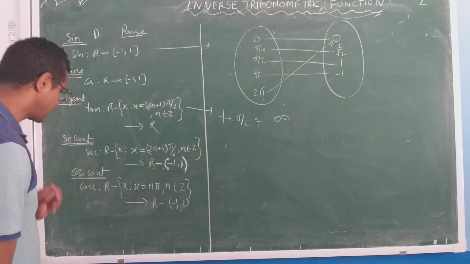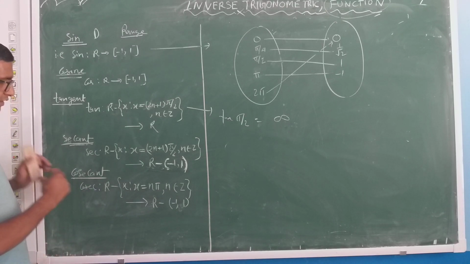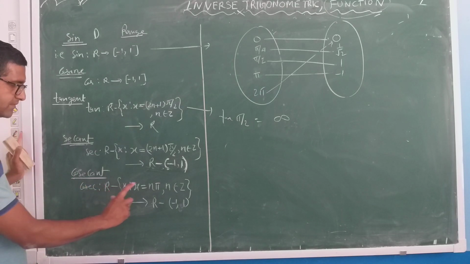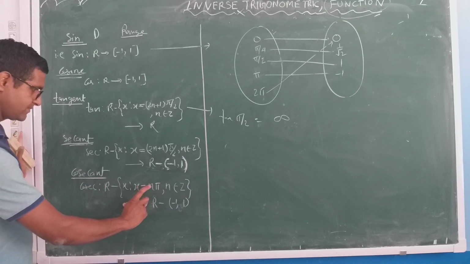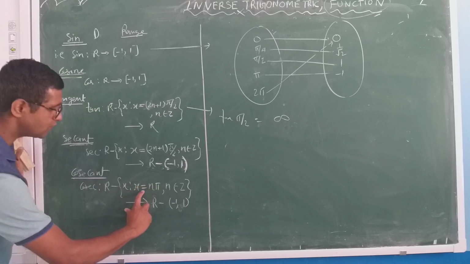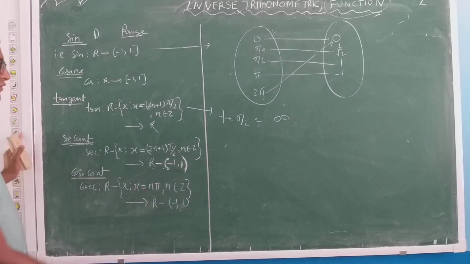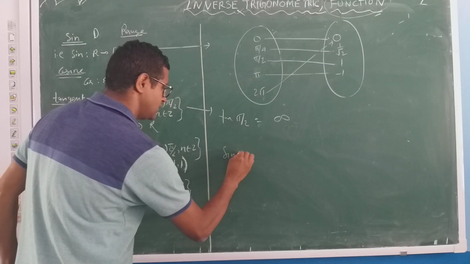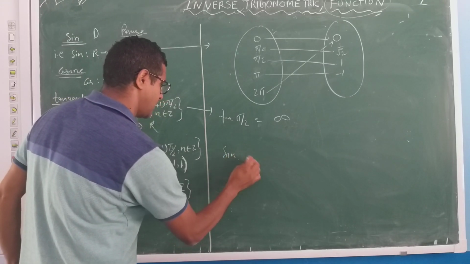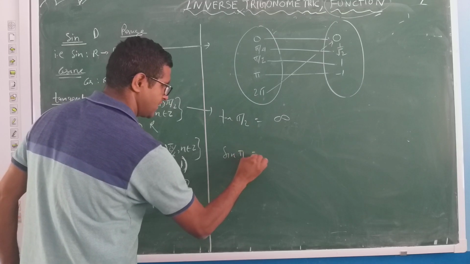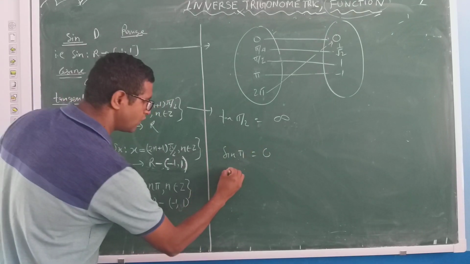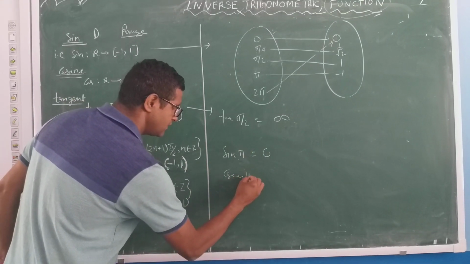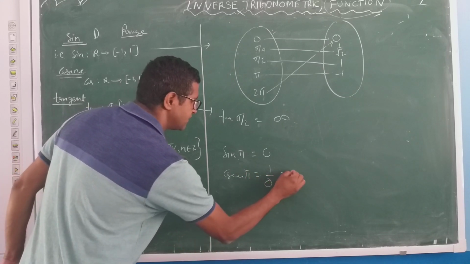Like that, cosec. In cosec, the domain is R minus x equal to nπ. My dear student, as you know, sin π equals 0. Therefore cosec π equals 1 upon 0, which means infinite.